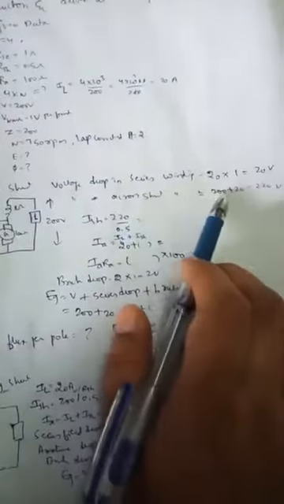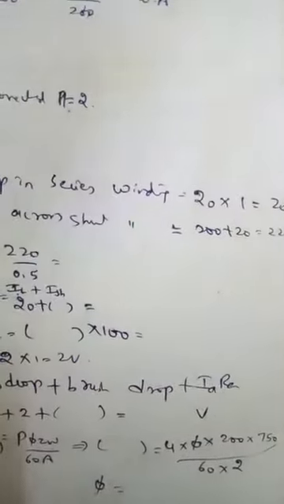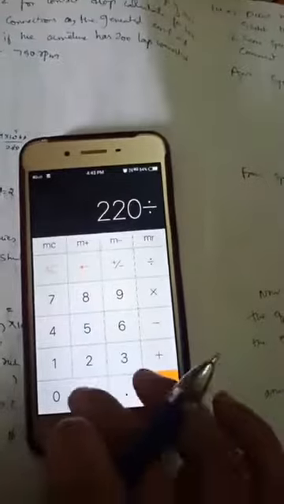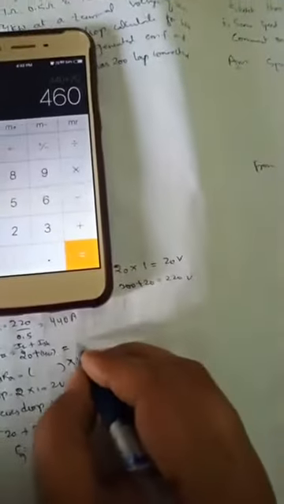So let us first take the first bit. For short shunt, the voltage drop in series winding is 20 into 1, 20 volts, and the voltage drop across shunt field winding is 200 plus 20, that is 220 volts. So ISH is 220 by 0.5, that is 440. 440 plus 20, 460.